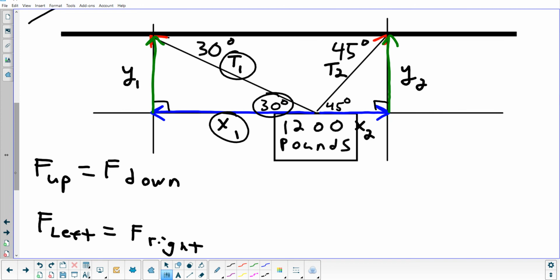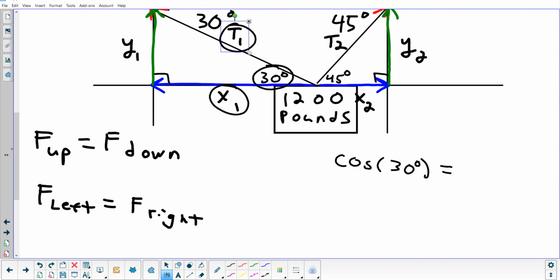What trig function would you use that relates x1 and T1? Cosine. So the cosine of 30 would equal, and what's the fraction? X1 over T1.